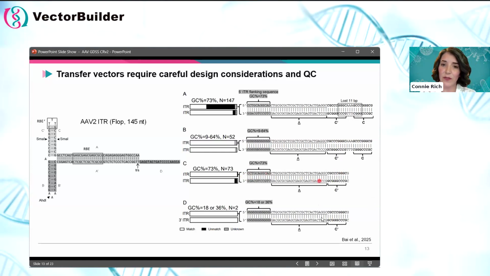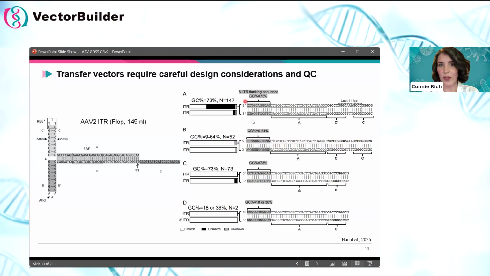However, if you have this 5' recombinant ITR or deleted ITR, and you also have deletions that occur in the 3' ITR, that's going to start causing issues with things like full empty ratios. It's going to result in aberrant encapsulation of cellular DNA. You're going to start having pretty big manufacturing and quality control issues.